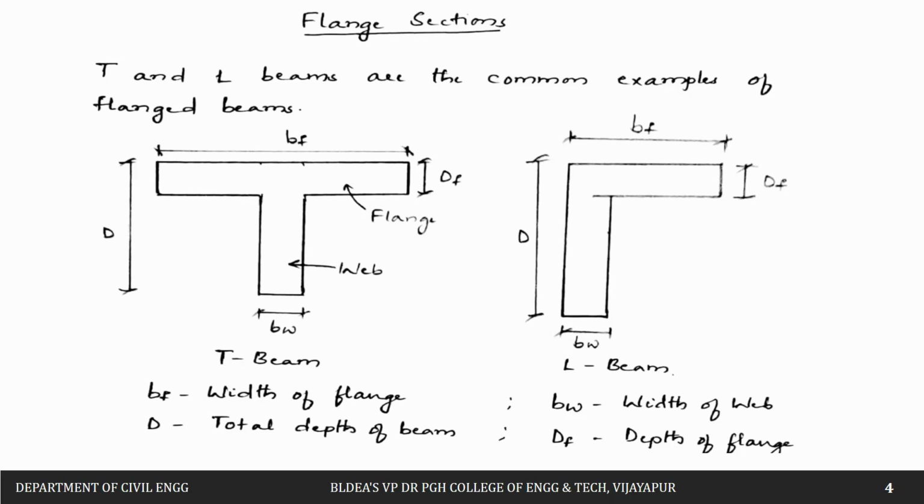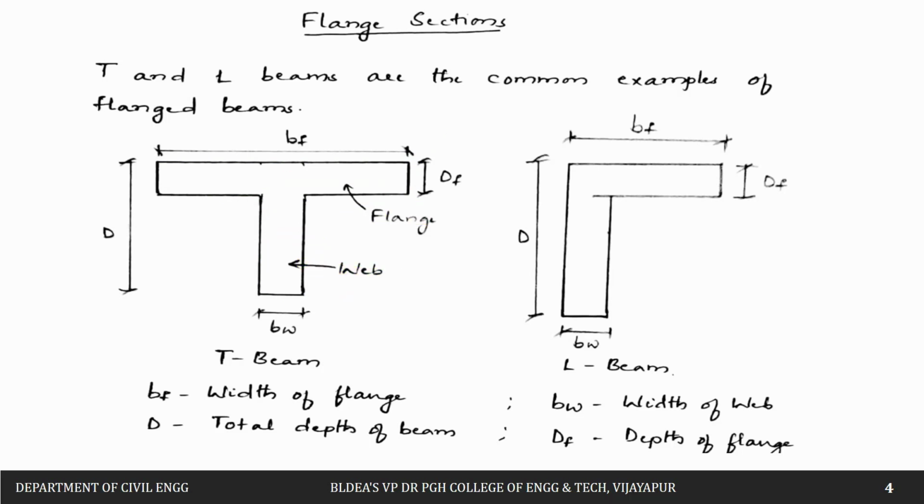Next let us see the notations which we are going to use. If you consider this as a T beam, the top portion we call the flange, and the bottom portion we call the web.